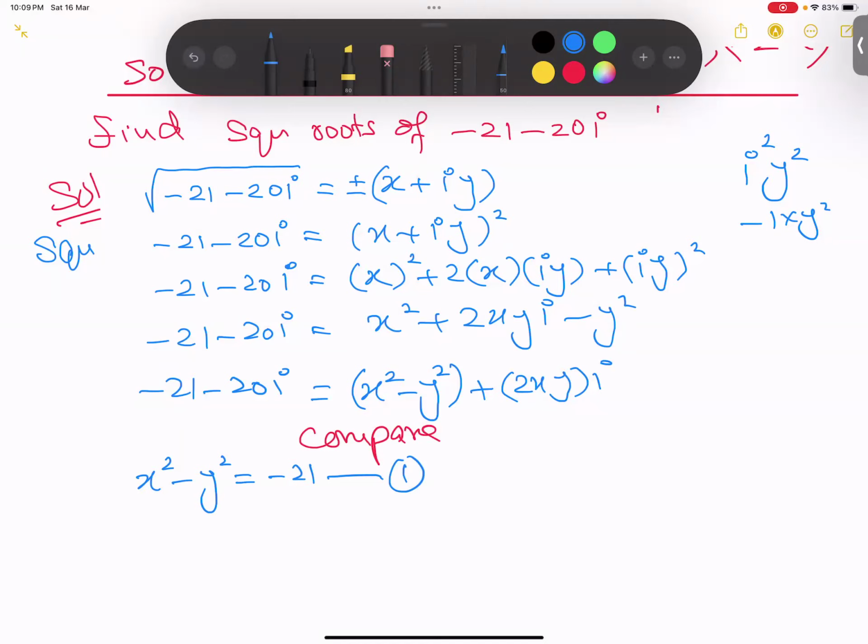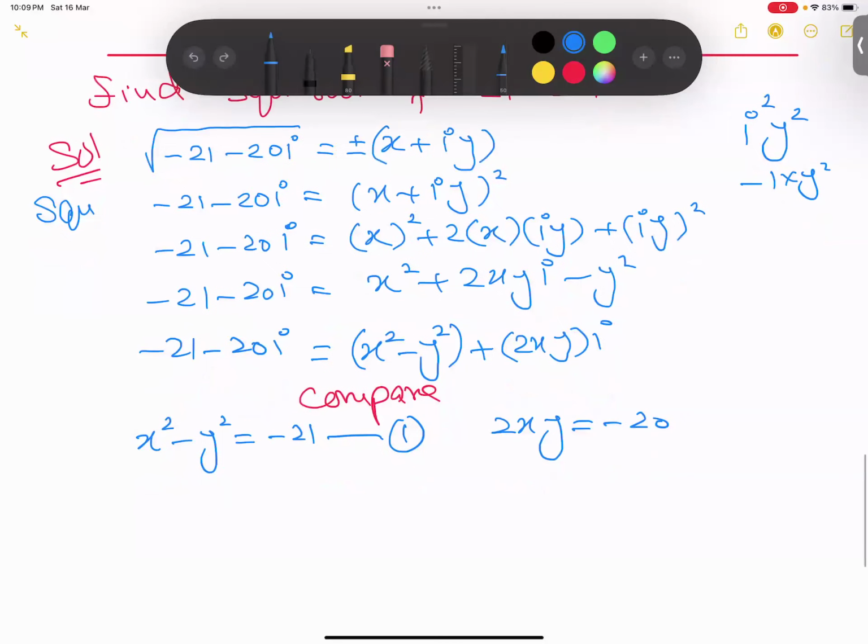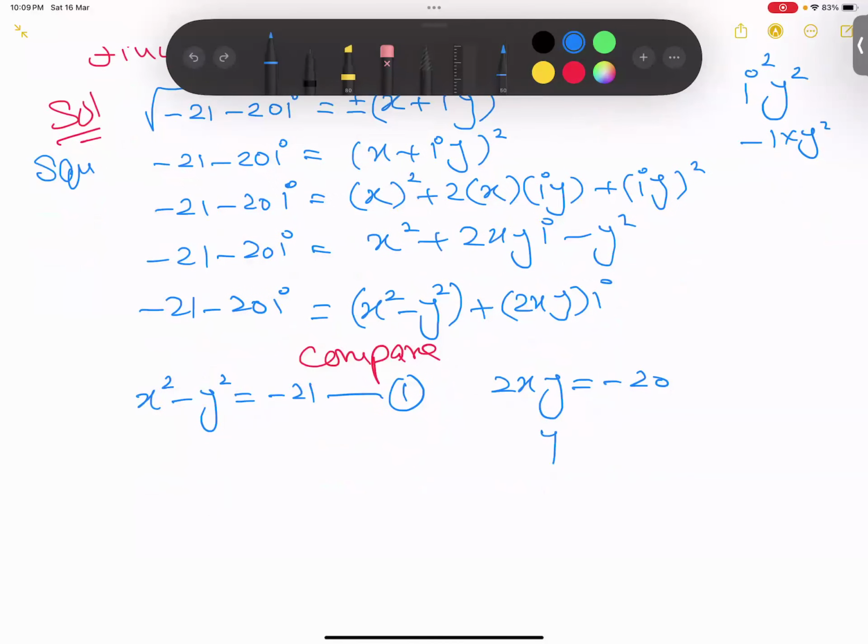After this, 2xy is equal to negative 20. So I will make x or y the subject. If I make y the subject, this 2 will divide and I get negative 10 by x, equation number 2.